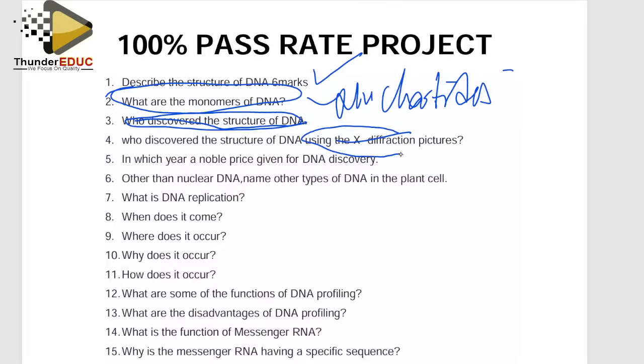These are the two people who used the X-ray diffraction pictures to discover the structure. In which year was the Nobel Prize given for the DNA? It was 1962.